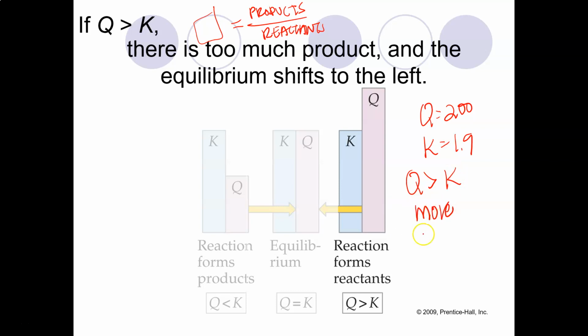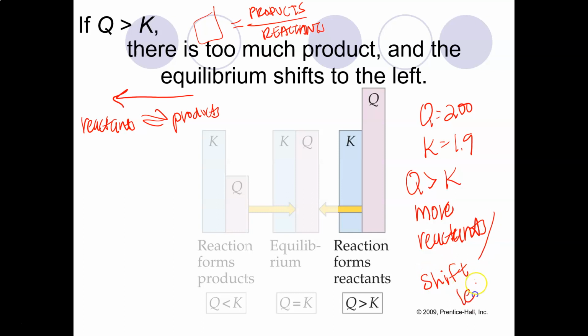And when we write out a balanced chemical equation, isn't it reactants here, products here? So if we need more reactants, another way that this is said is that it shifts to the left, because aren't the reactants on the left-hand side?